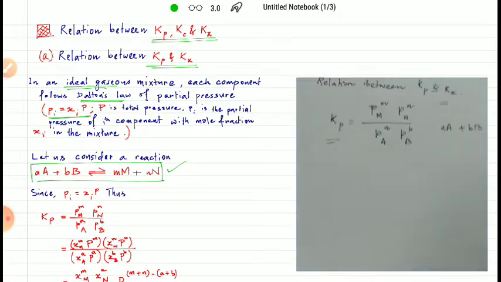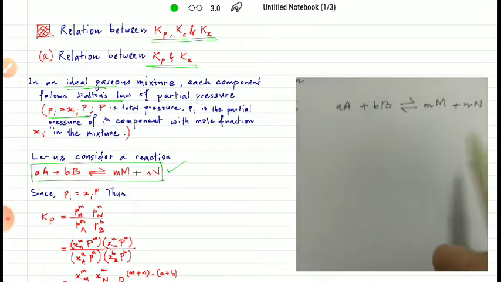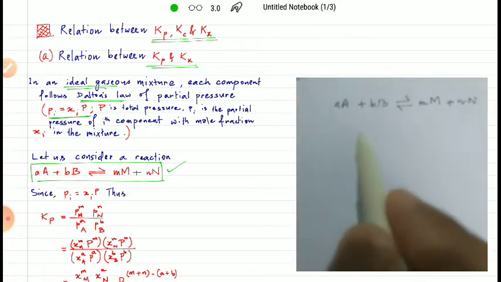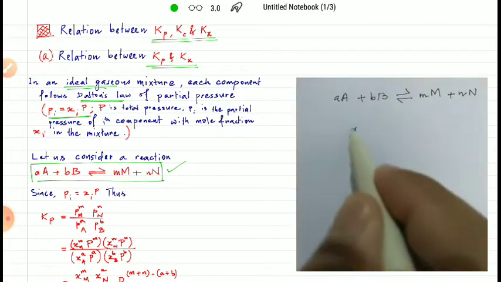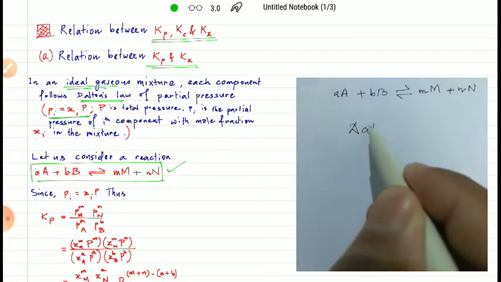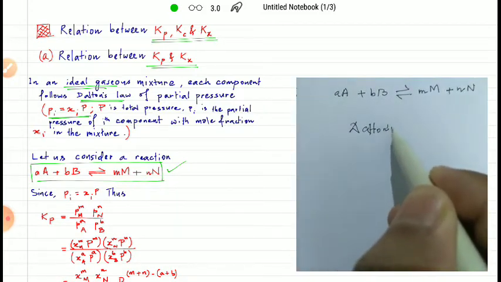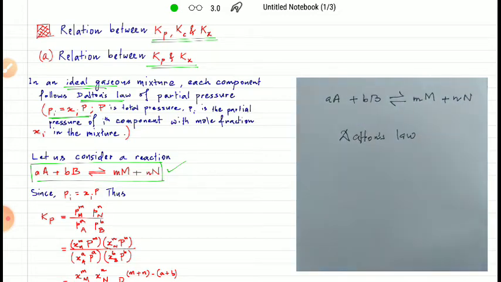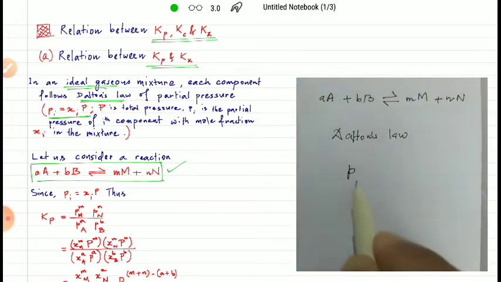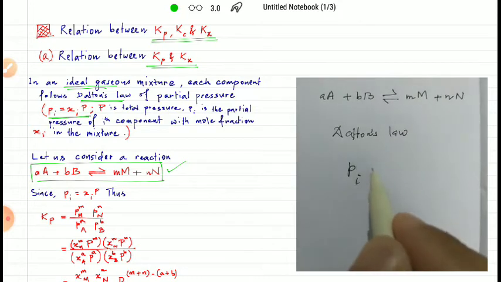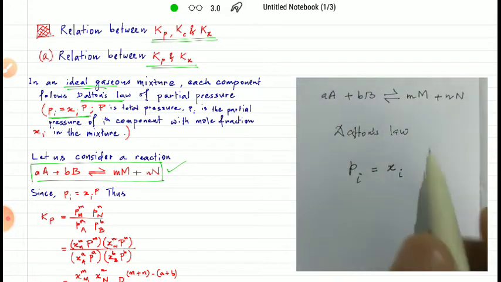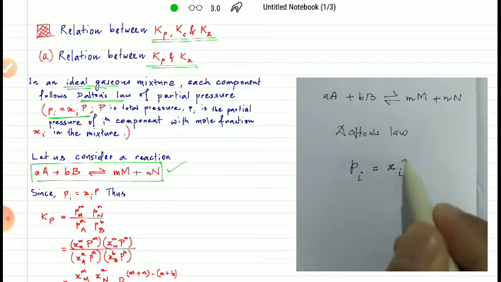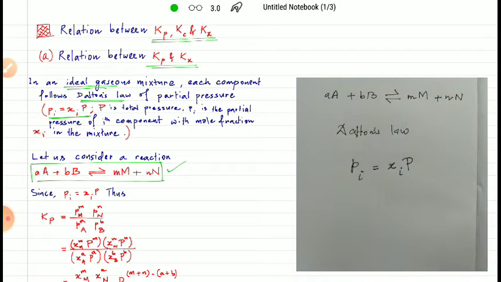So in the case of ideal gas we know that they follow a very well-known law, which is known as Dalton's law. According to this law, the partial pressure of a component i is equal to the mole fraction of that component multiplied by the total pressure of the mixture.